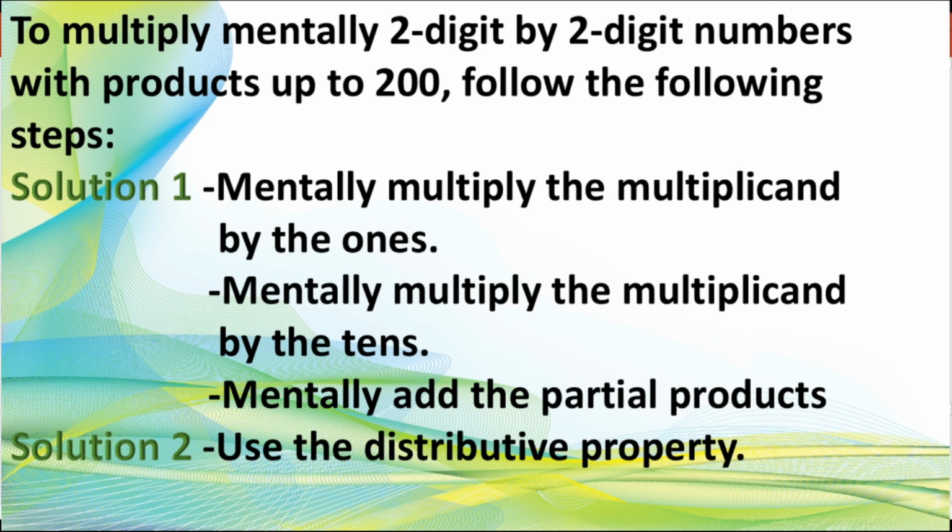To multiply mentally 2-digit by 2-digit numbers with products up to 200, follow the following steps. Solution 1, mentally multiply the multiplicand by the ones. Mentally multiply the multiplicand by the tens. Mentally add the partial products. And solution 2, use the distributive property.